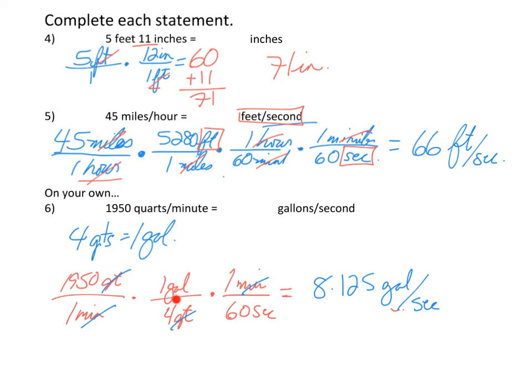Again, those are equivalent, so that's just like multiplying it by 1. And then 1 minute does equal 60 seconds, so I'm multiplying it by 1 again. When I plugged this into my calculator, I did one equation of 1950 divided by 4, which got me 487.50. Then I divided that answer again by 60 and got 8.125 gallons per second. That's how you do number 6.